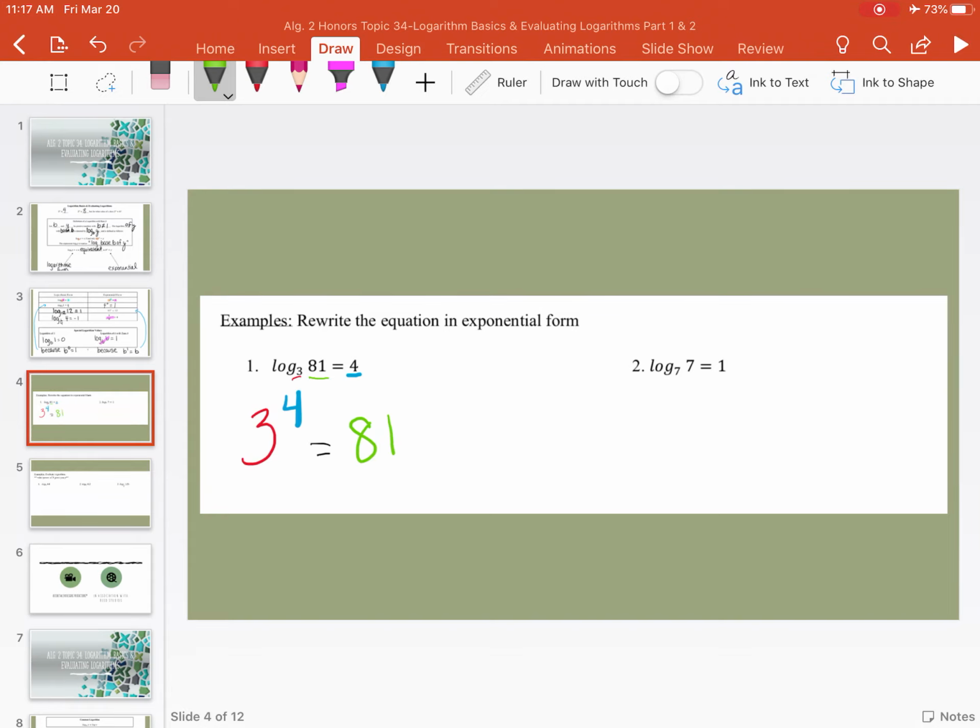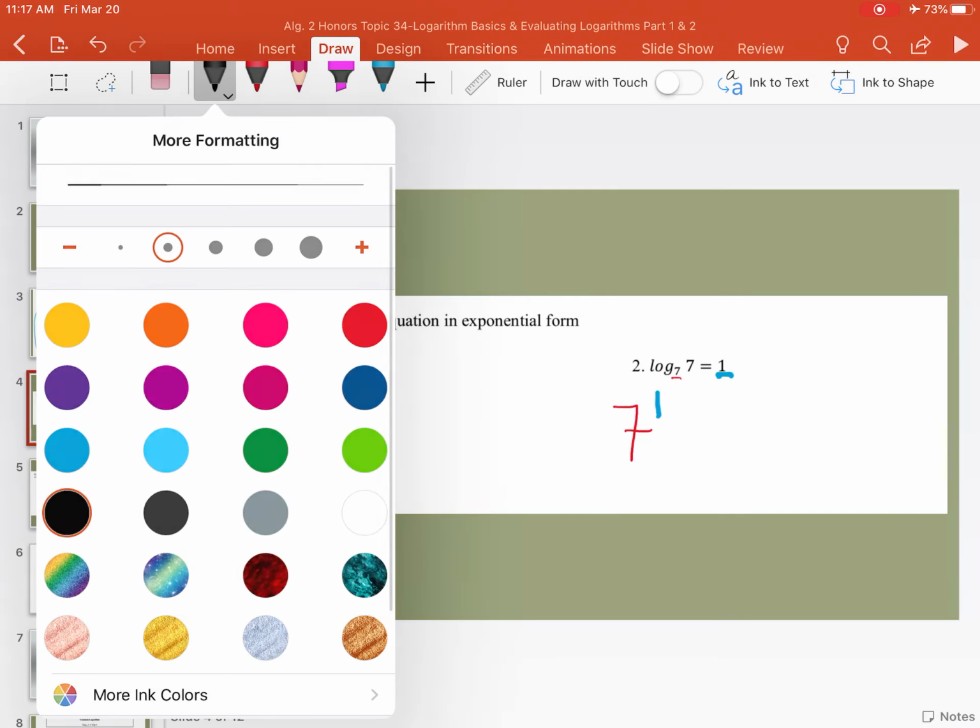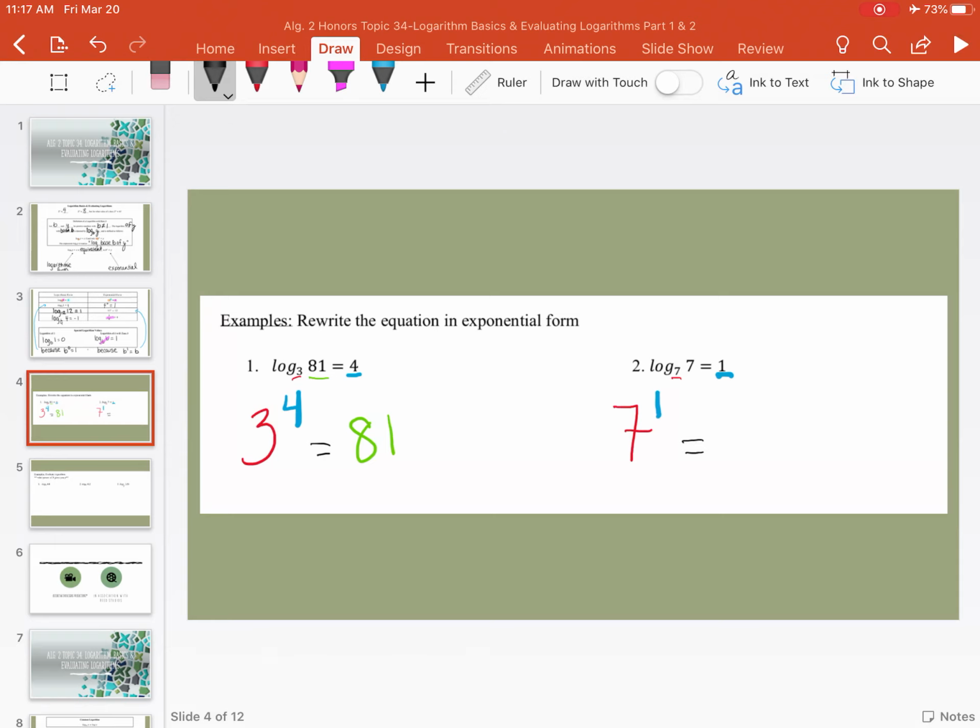If we want to do the other example, log base 7 of 7 equals 1. So here is my base, 7, raised to the 1st power is going to equal this guy here, 7.